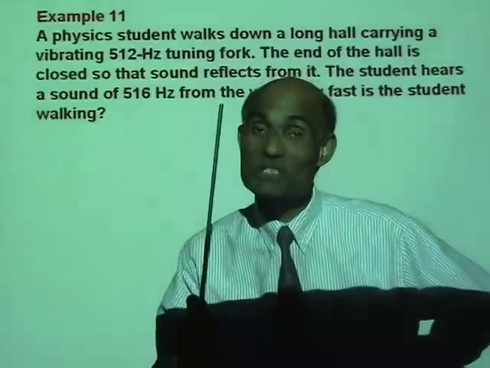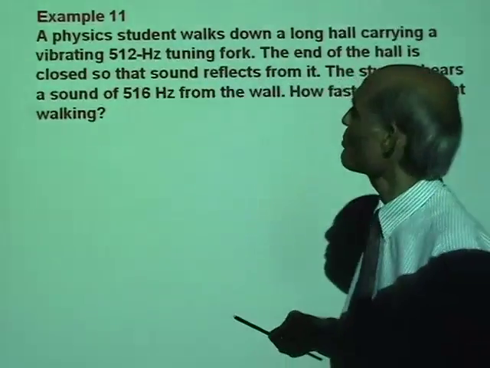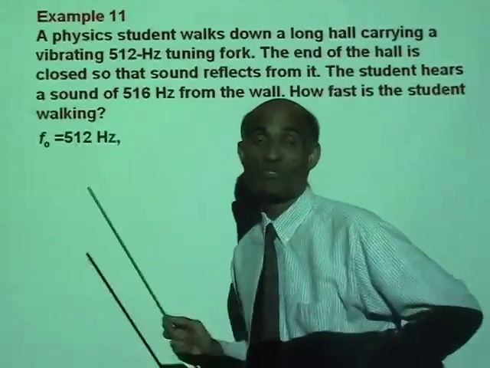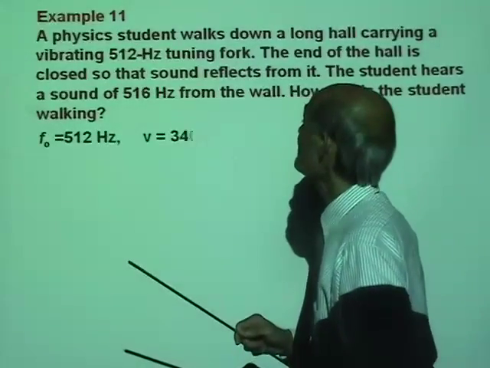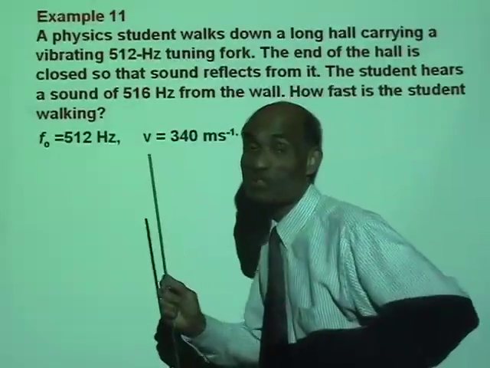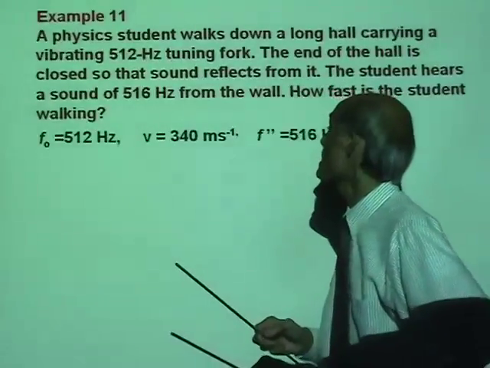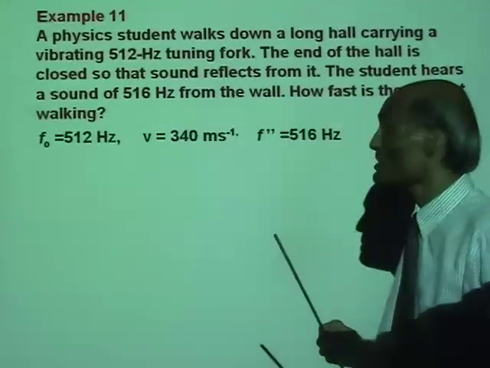Well, this again is a similar problem, but its complexity is not as much as the one we did earlier. The actual frequency of the source, the frequency of the tuning fork, is 512 Hz. The speed of sound, this time it is sound, speed of sound is 340 meters per second. F double prime is 516 Hz.